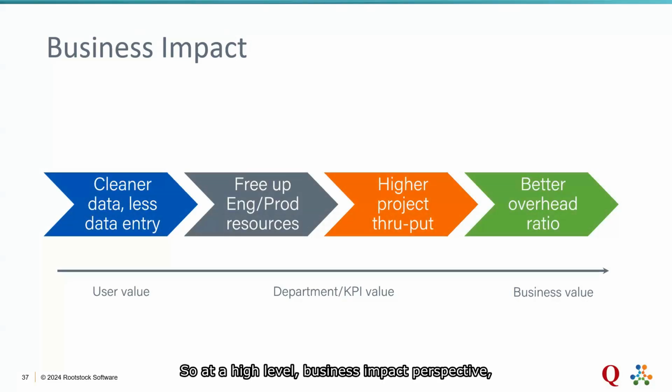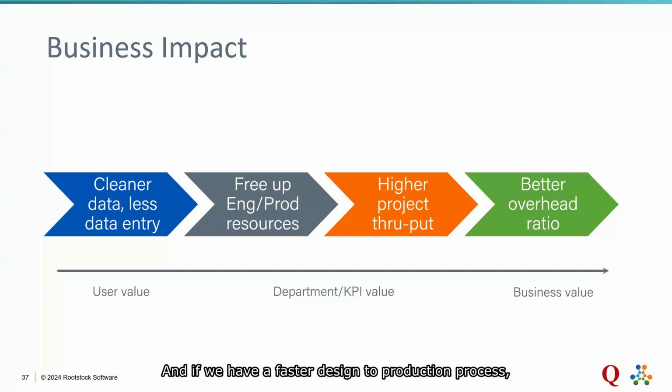So from a high-level business impact perspective, engineering all the way down to production, that process is affected as well. By providing direct value to the user, if they can spend less time doing data entry, that frees up their time to do more engineering work or manufacturing related tasks, meaning cleaner data and shorter process times between your CAD information going into your Rootstock ERP, and also a faster design to production process.